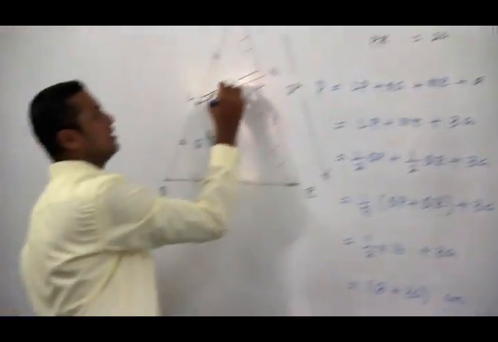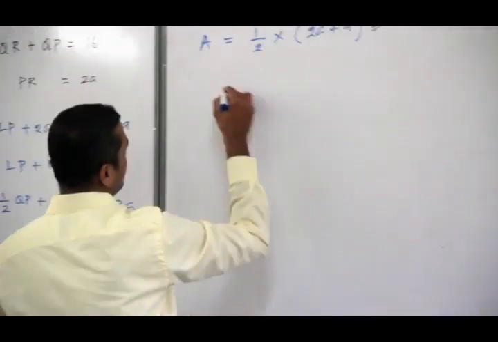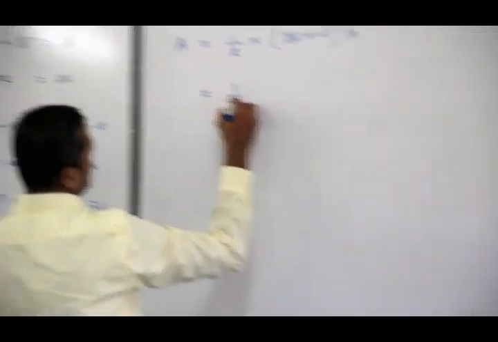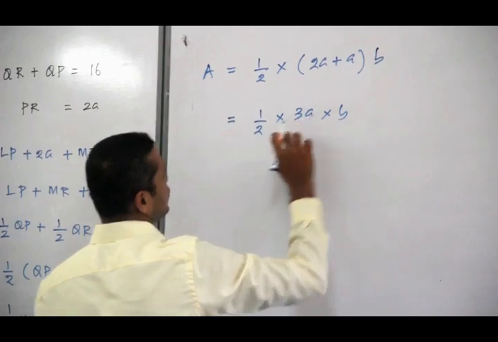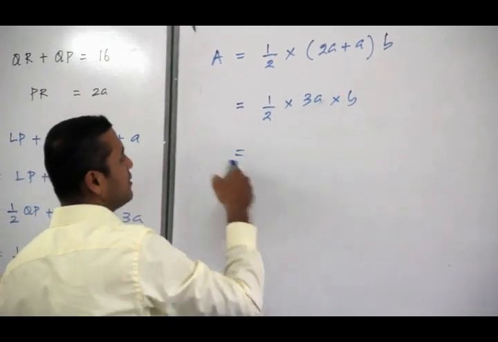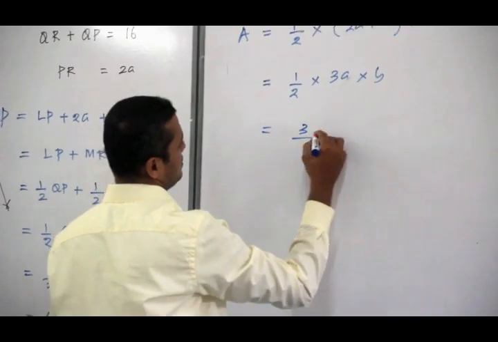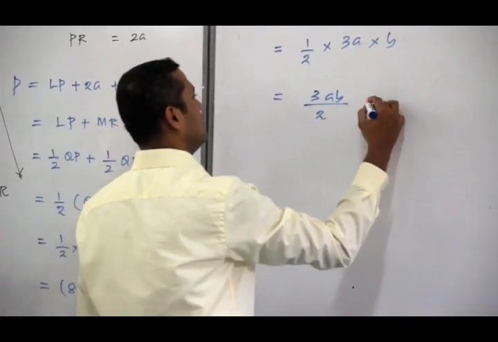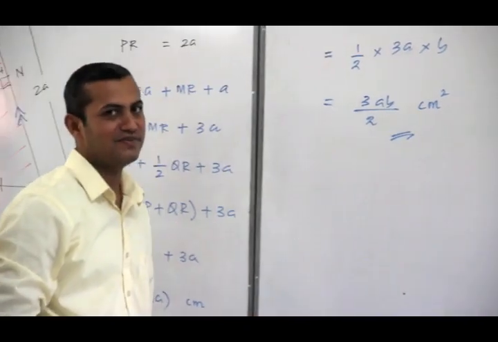So half into 3a into b. This is going to be the area of the trapezium. So I can write like this, 3ab over 2 square centimeters. Hope you understood. Is that clear?